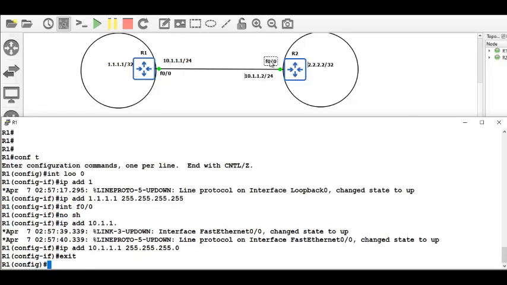Before that let me go and finish the second router.